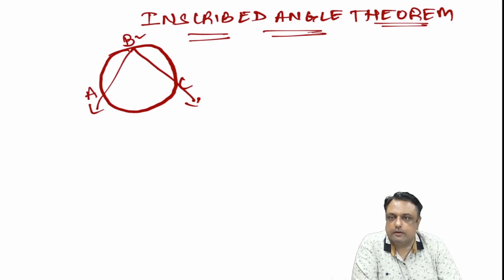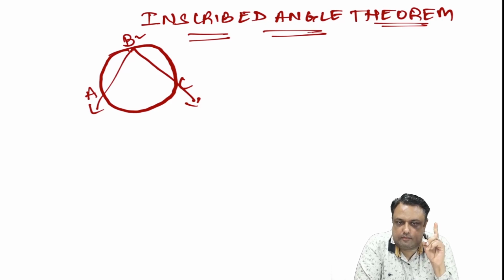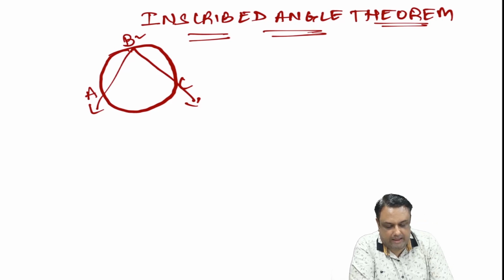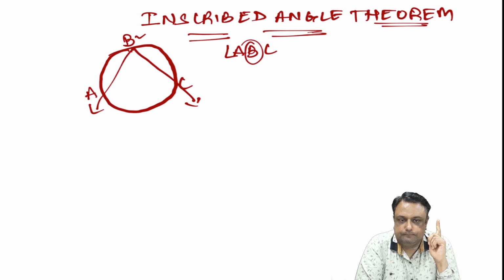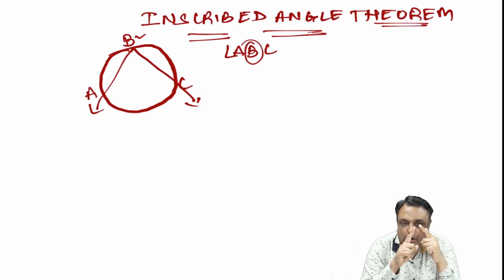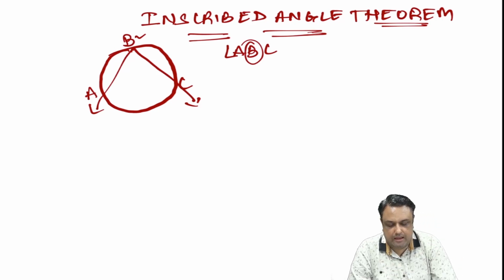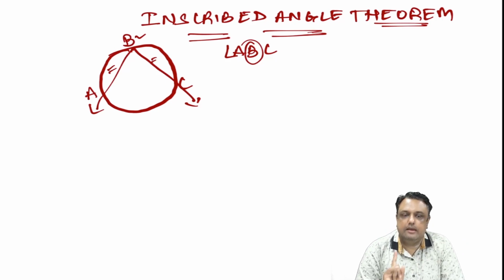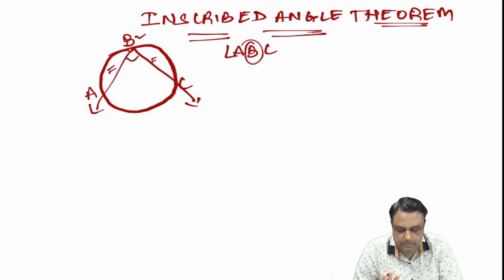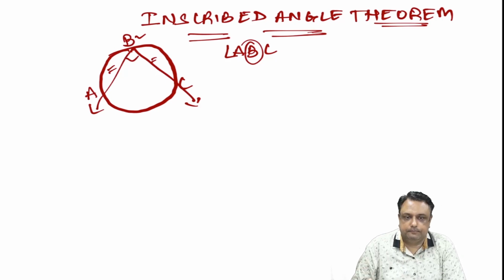With respect to B, there are two rays originating from this point, BA and BC. The vertex B is on the circle. I am talking about angle ABC. The vertex of angle ABC is on the circle. Secondly, the two rays originating, BA and BC, are cutting the circle in two points, A and C. Yes. Then angle ABC is called an inscribed angle.